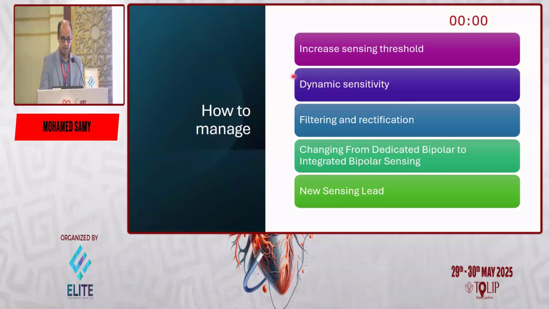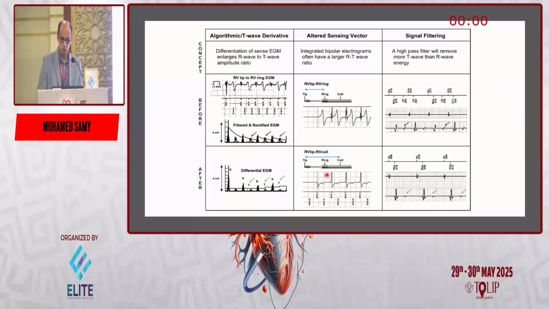Either increasing the sensing threshold, dynamic sensitivity, filtering, changing from dedicated bipolar to integrated bipolar lead, or insertion of a new sensing lead. This is how we can see when changing the detection of the bipolar lead from tip to ring to RV coil, from tip to RV coil. But this will increase B wave oversensing, R wave double counting, and diaphragmatic sensing.